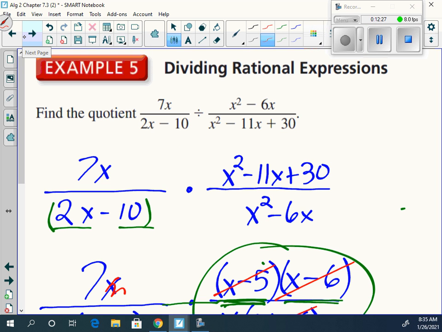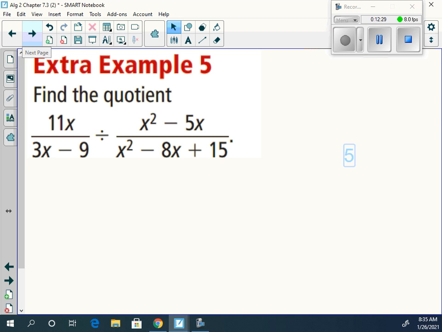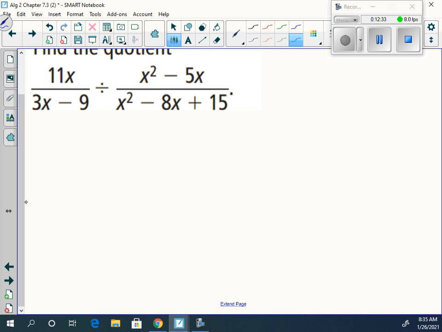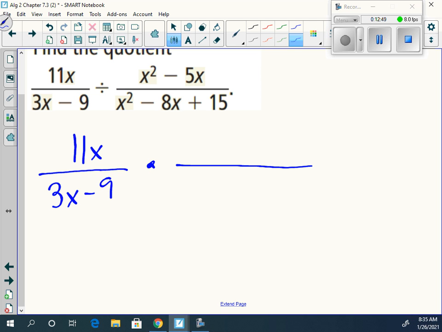Oh, nope, just went to the top of the page. Let's look at this one here. Now again, we can normally start out by trying to factor it, but why don't we go on and change it? Change it from division to multiplication.